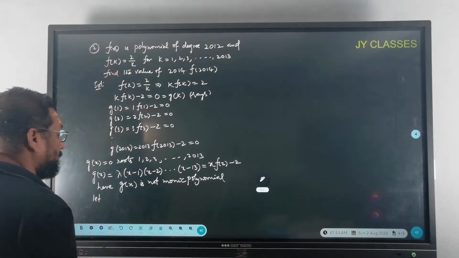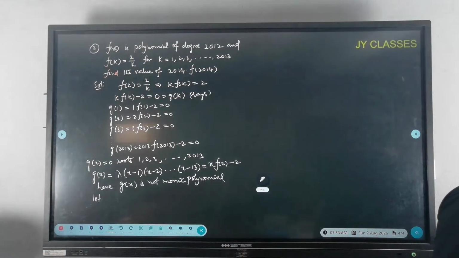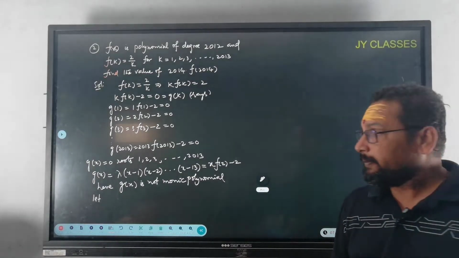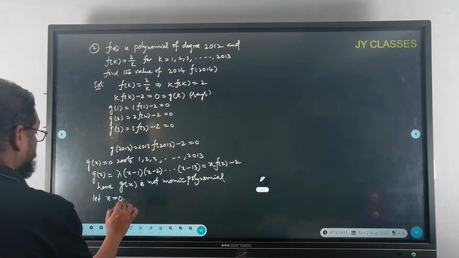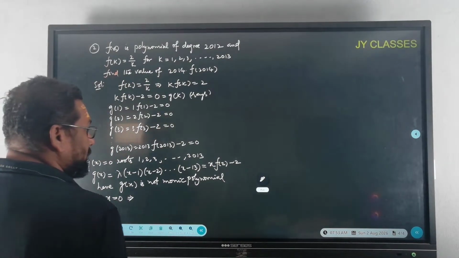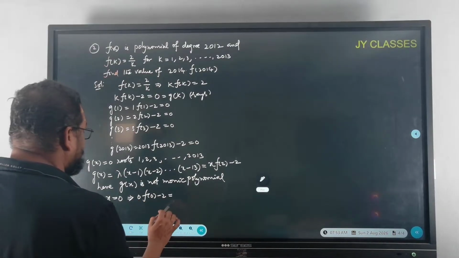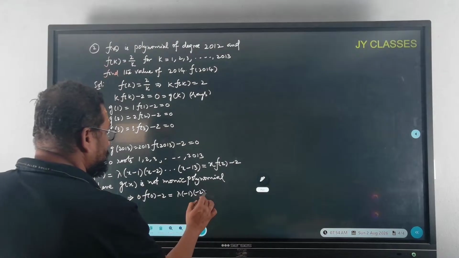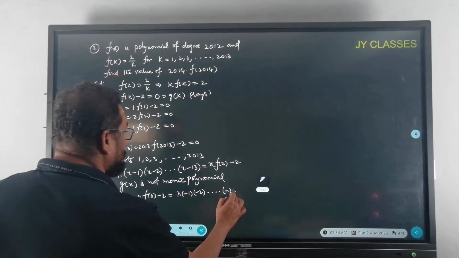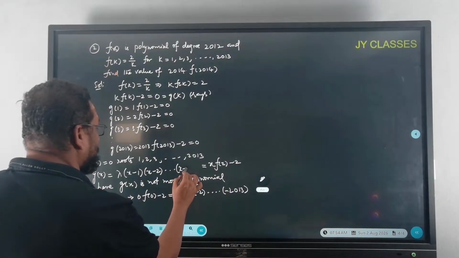Now we have to find the value of lambda. To find lambda, what should we substitute? Observe here, let x is equal to 0. Then 0 f of 0 minus 2 is equal to lambda into minus 1, minus 2 and so on minus 2013, not 13, it is 2013.